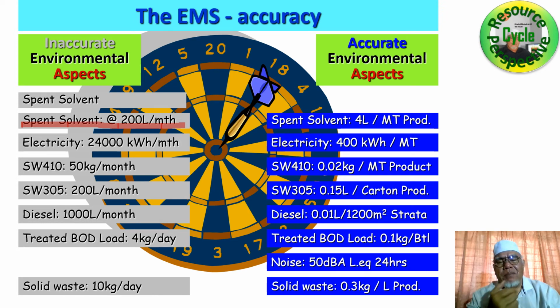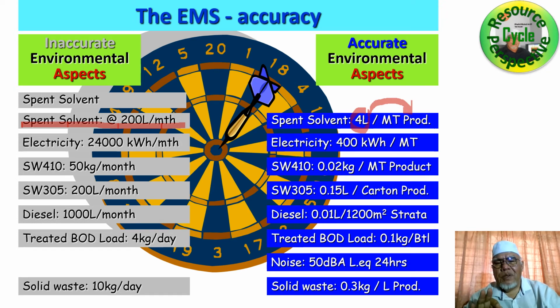Definitely, example number two, the one that produces 10,000 metric tons of product and only 200 liters of spent solvent, is better compared to 1,000 metric tons of product per month while producing 200 liters of spent solvent. That is why I would usually tie this up to the product.